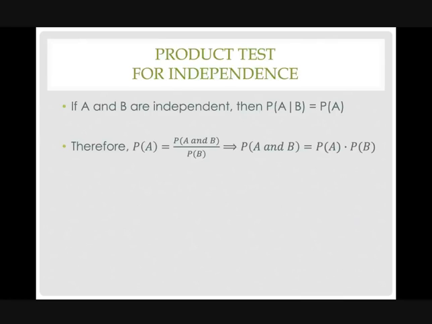So it's the probability of A times the probability of B. If they are independent, these two values will equal one another: the product and the overall probability of A and B.